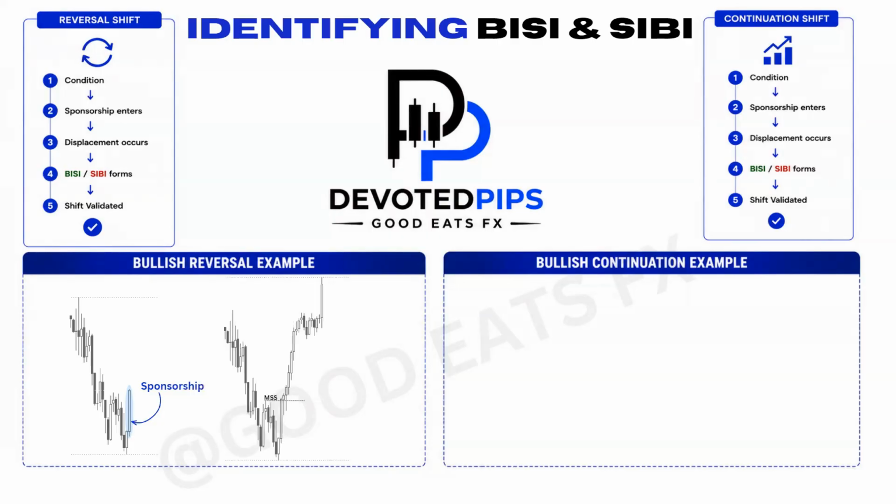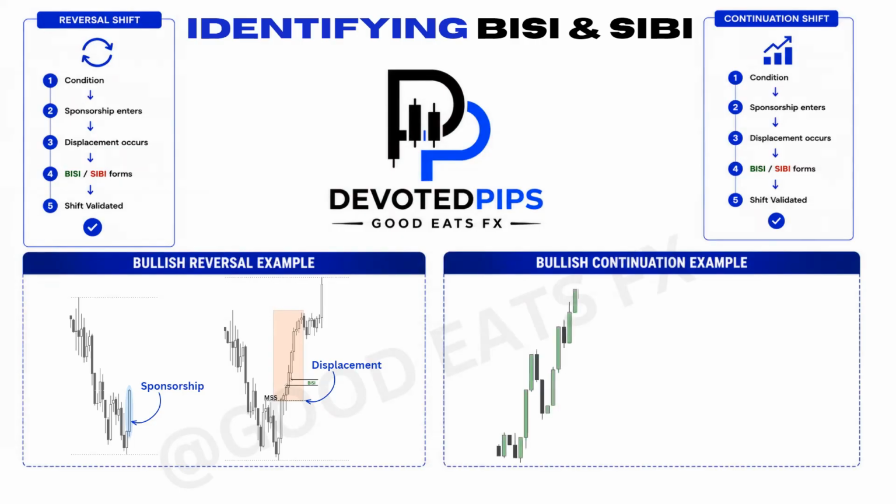We see that we have the market structure shift here. So we have our displacement that creates our bullish fair value gaps and our BISIs because they're trading above that swing high after taking out the low. So we have a reversal market structure shift to the upside, followed by a displacement that creates multiple bullish fair value gaps.